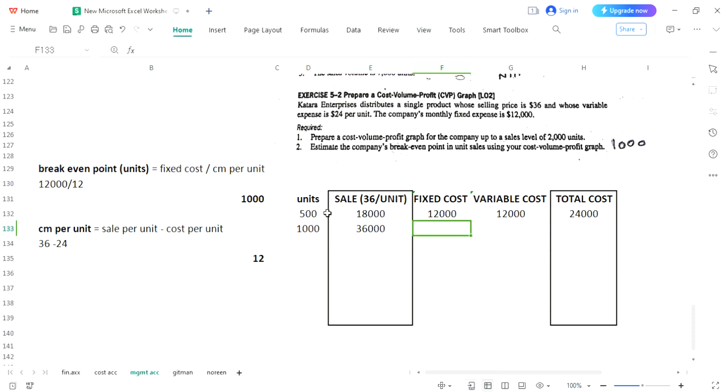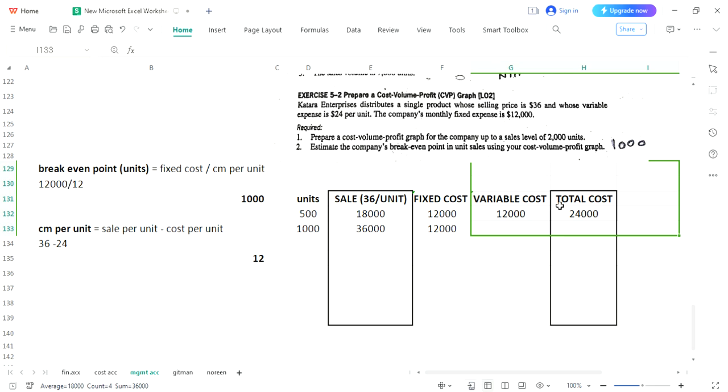While making 500 units, your fixed cost was 12,000. When you are making 1000 units, your cost will increase or decrease. I'm very hopeful some of you will give the right answer. It's fixed cost. It will not be altered whether you are making 500 units or 1000 units. It would be the same. So you will write 12,000, same number of units. Variable cost, per unit variable cost was mentioned as 24, and we should have it right over here.